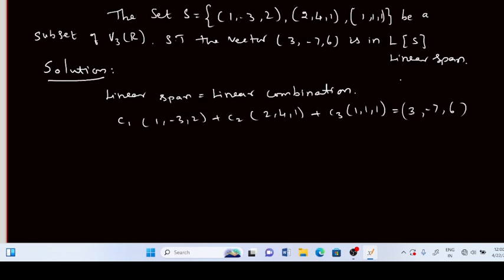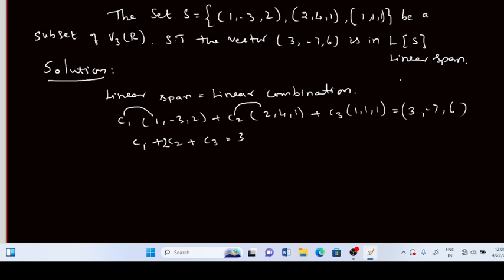So here if we multiply, we get C1 from the first element, the first element of the second vector multiplied with C2 is 2C2, plus C3, equal to 3.